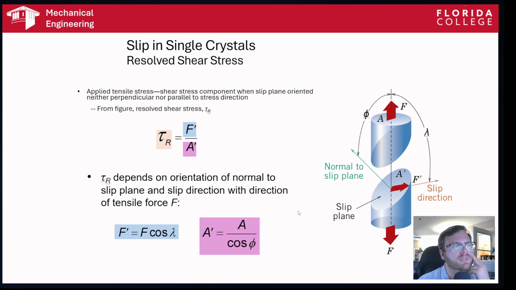And then A prime is equivalent to the typical area divided by cosine of theta, or phi in this case. And that is, again, the measured angle along the axis relative to our slip direction.